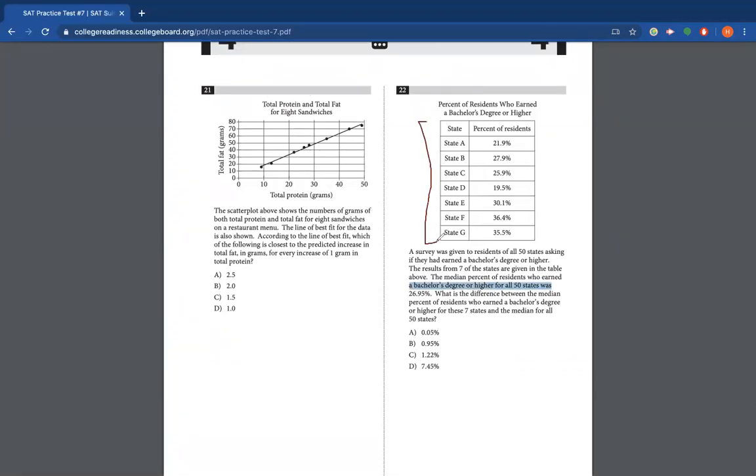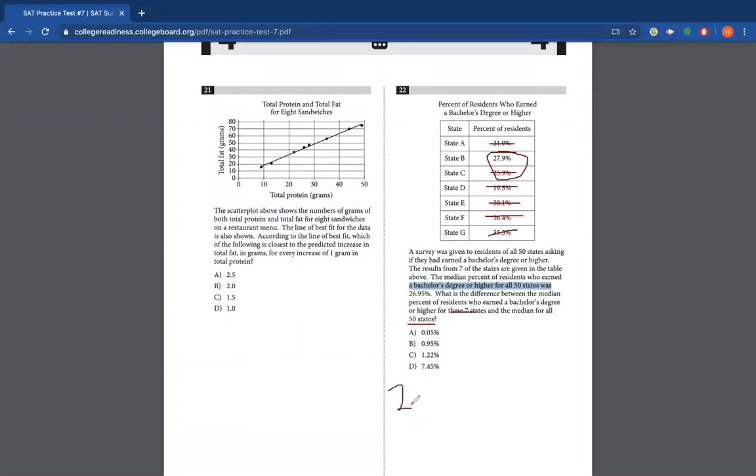So essentially what we can do is the crossing method, in which you cross out the smallest and the biggest. Smallest here looks like 19, cross that out, biggest here looks like 36. Next smallest is 21, next biggest is 35. Next smallest is 25, next biggest is 30. Leaving our median as 27. So we have to subtract that. So they said 7 states minus 50 states.